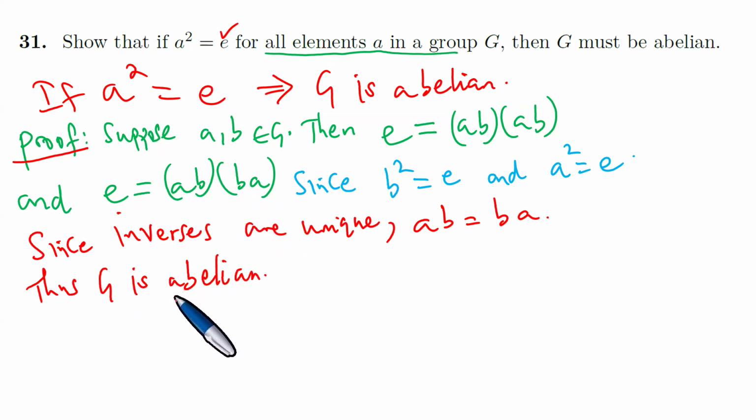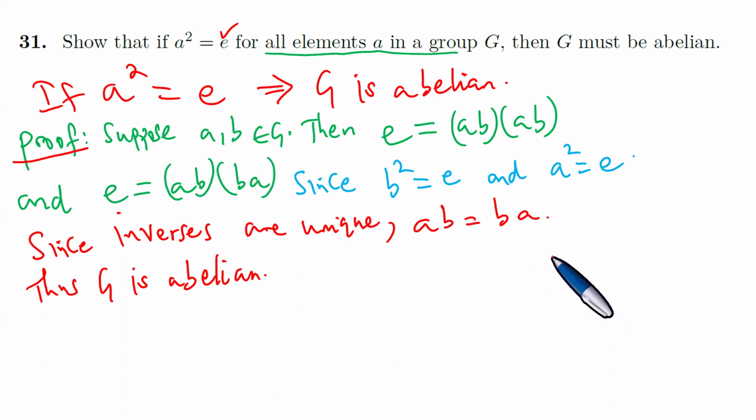I mean, yes, we can show a little bit more steps, but obviously, since inverses are essentially unique, it means that AB is equal to BA. But also, we can demonstrate this in a very meaningful way.